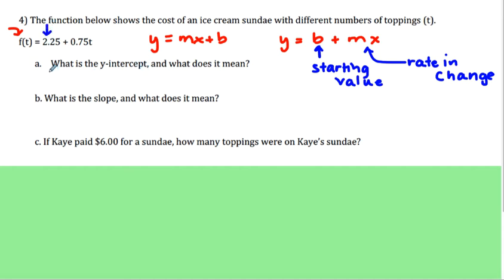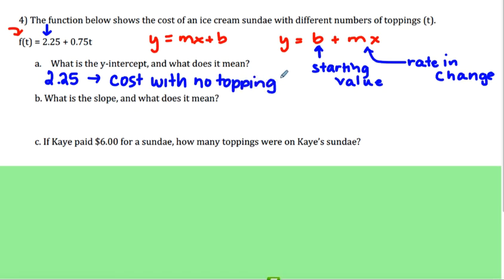Well, the y-intercept was 2.25. So let's think about that. If that's the starting value of the sundae, well, then that means that's the cost with no toppings. It's the cost of the sundae with no toppings.